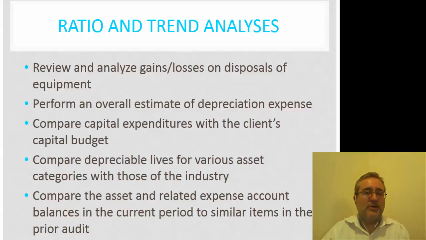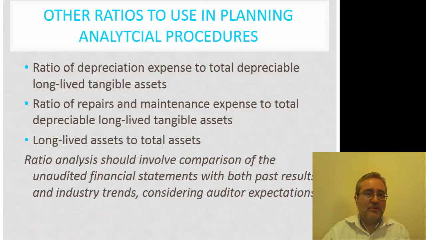We're also going to compare the capital expenditure with the budget. We're going to compare depreciable lives for various assets in various categories, as well as compare the assets and related expenses based upon similar items in prior periods.